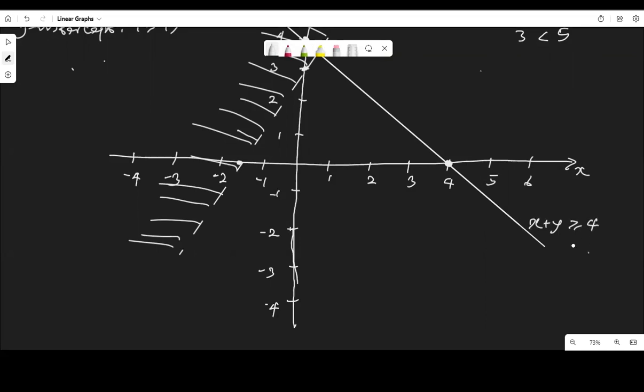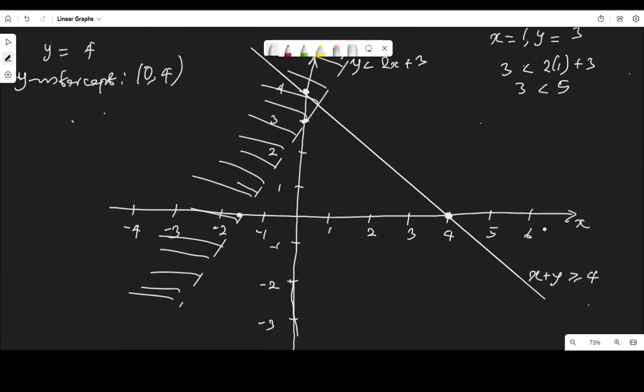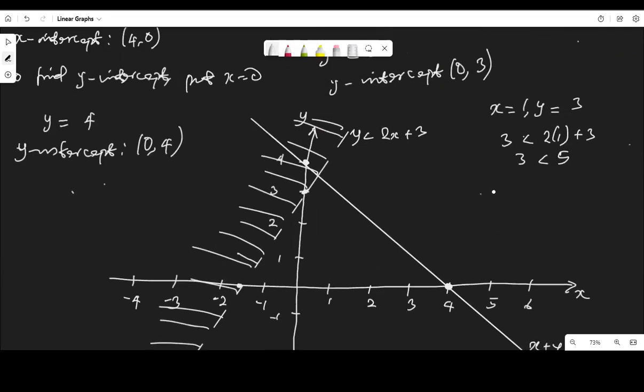Okay, with this now, we can locate 2 points and test which region satisfies this inequality. We use x equal to 4 and y equal to 5. That is this point and this point right here, which meet somewhere.